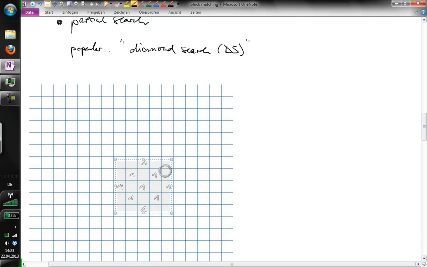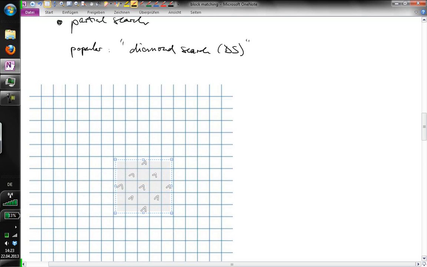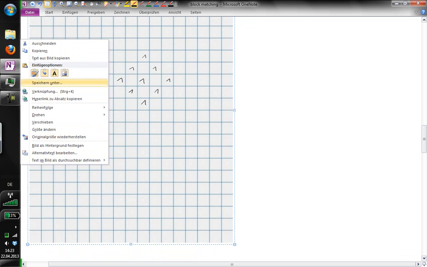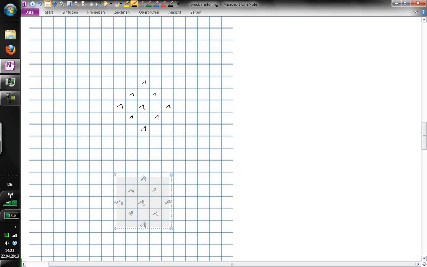And I will copy this because we need to distinguish two cases here. And I want to describe the other case in a moment. Okay, so case 1.